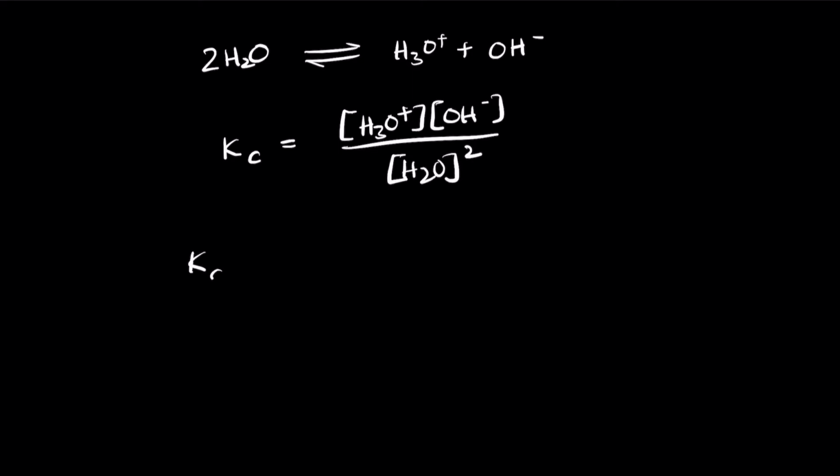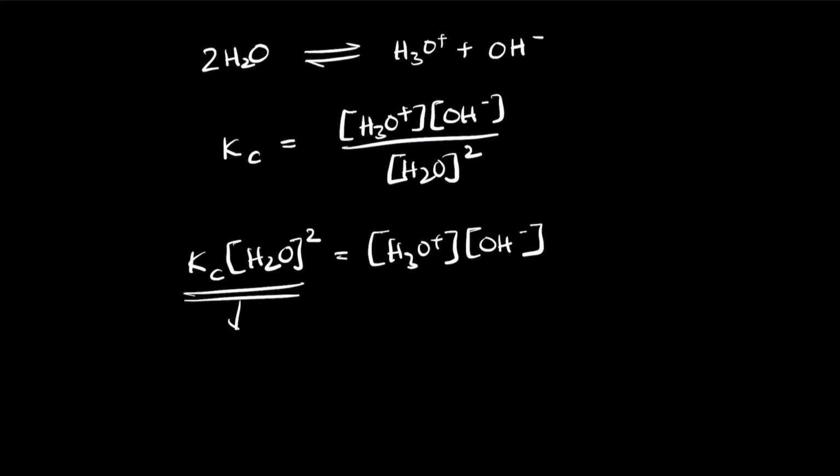Now when you write it as Kc times H2O squared, you get on the other side H3O plus times OH minus. This value is a constant, and that value is generally 1.0 times 10 to the power negative 14.